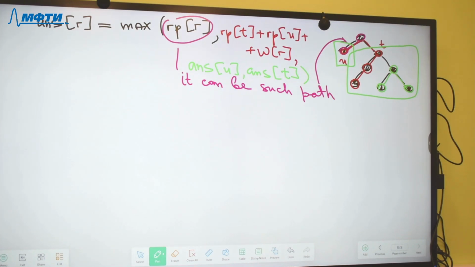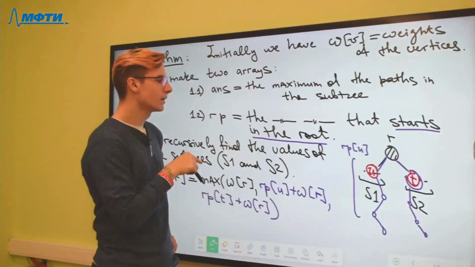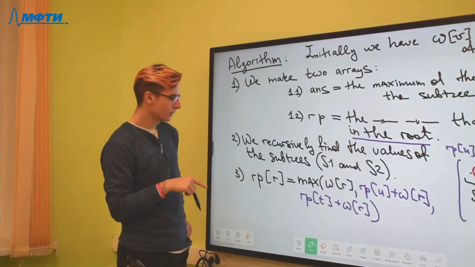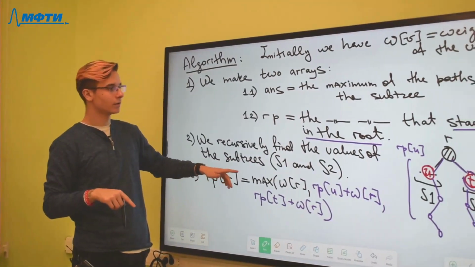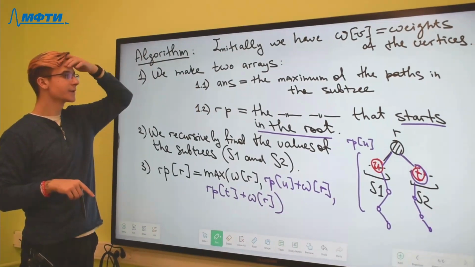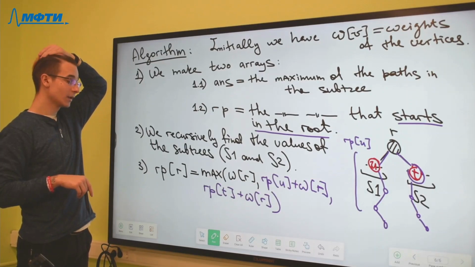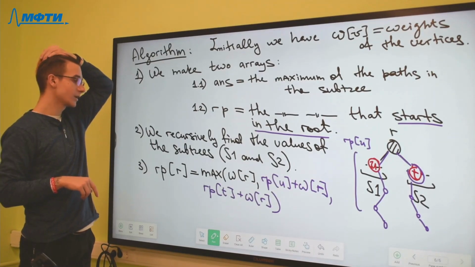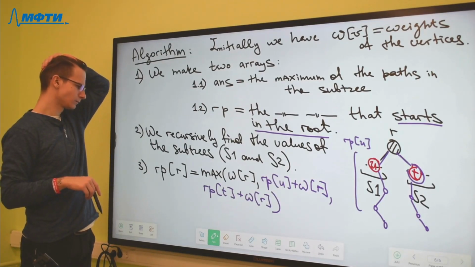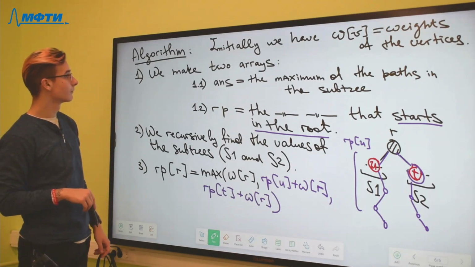So these are the formulas of the RP and ANS. In this way, we change these two trees, and then we find the maximum of the tree.